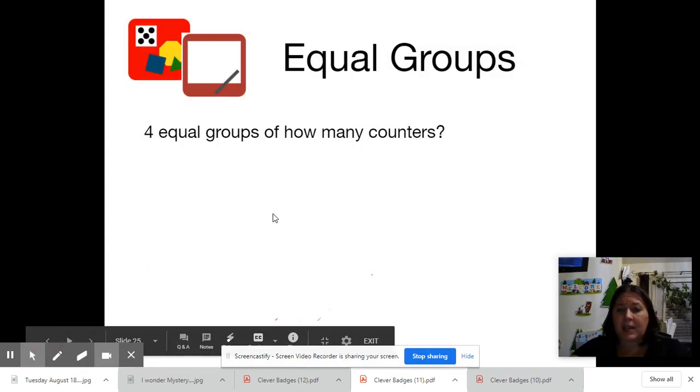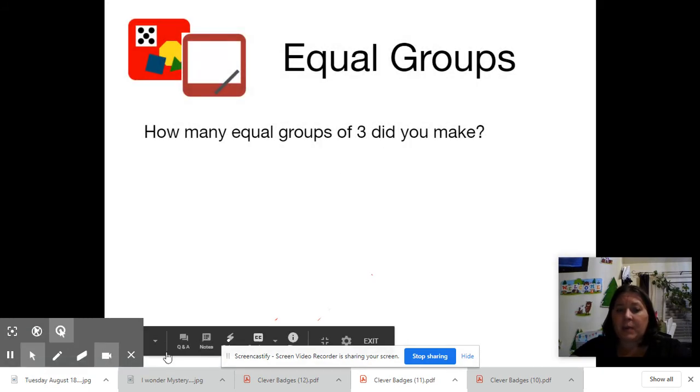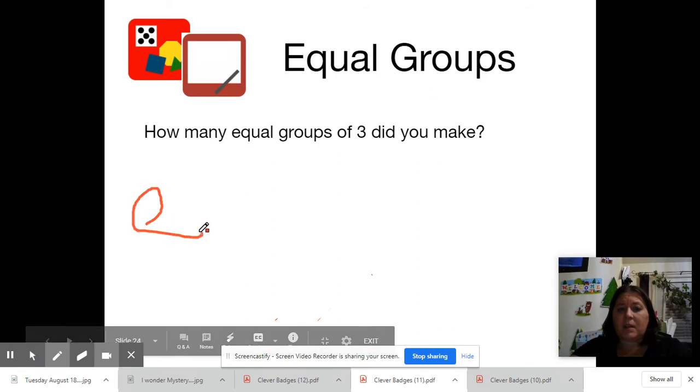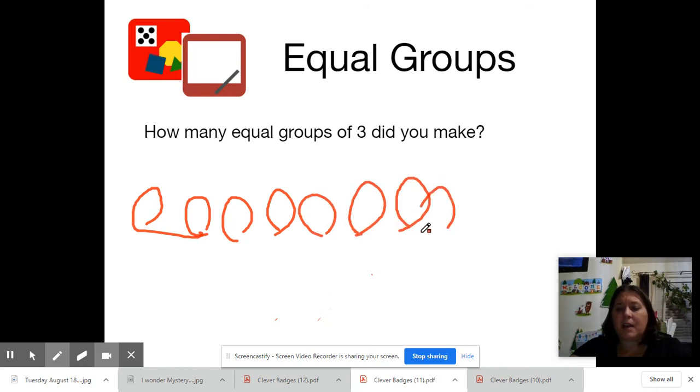I skipped it because I thought I had a picture that showed you exactly how much. So let me go back for a minute. So if I'm putting them in equal groups of 3, but we still have our 12 counters: 1, 2, 3, 4, 5, 6, 7, 8, 9, 10, 11, 12.